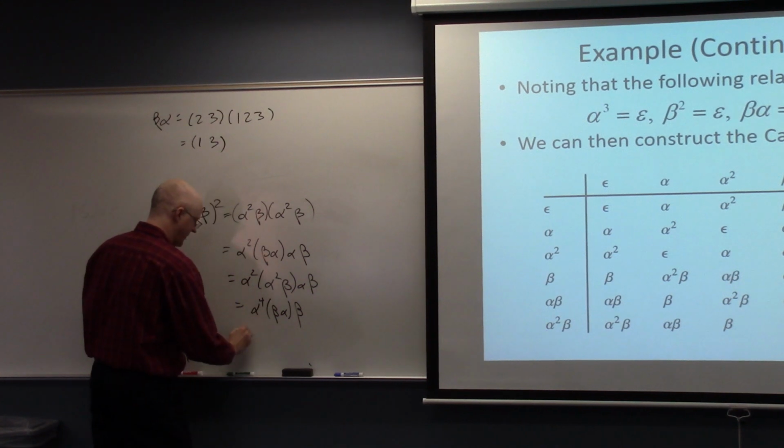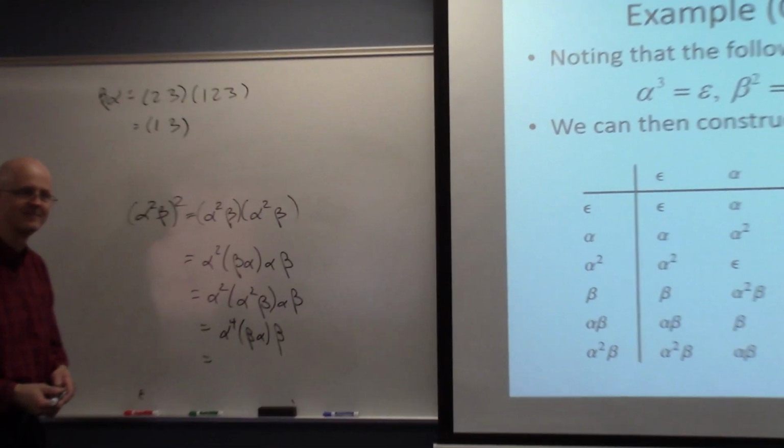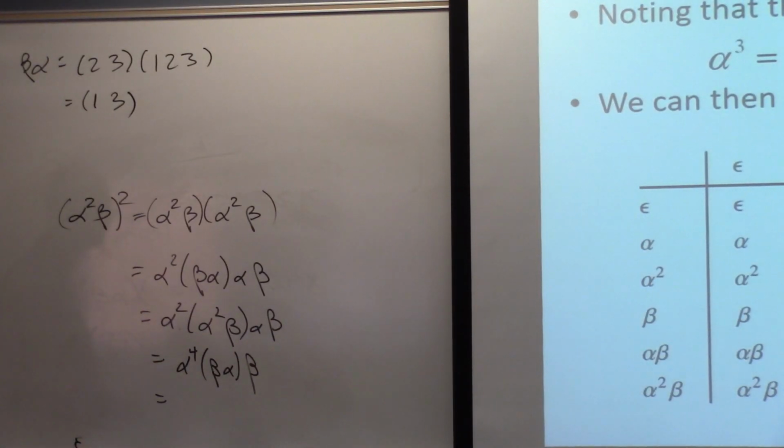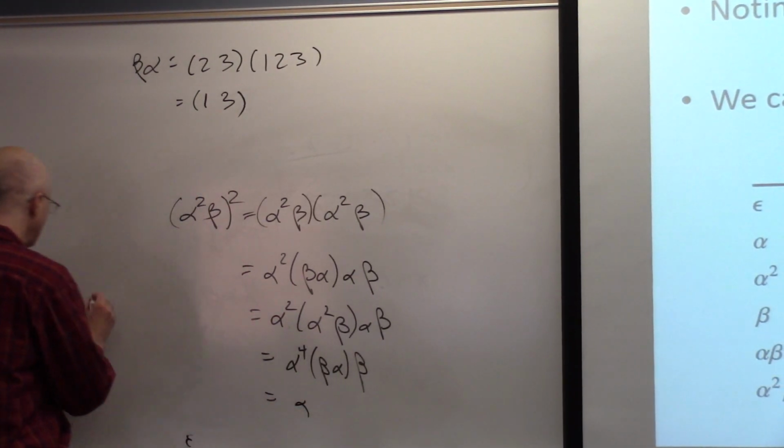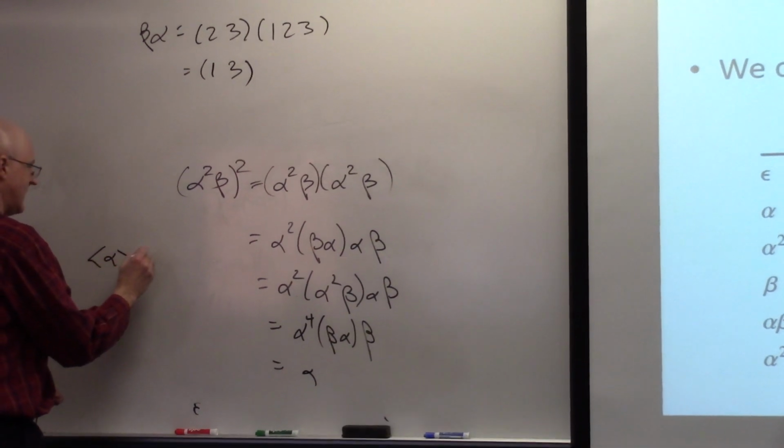What's alpha to the fourth? What's alpha cubed first? The identity, epsilon. So alpha to the fourth must be alpha. Hey, alpha generates a cyclic subgroup of order 3.